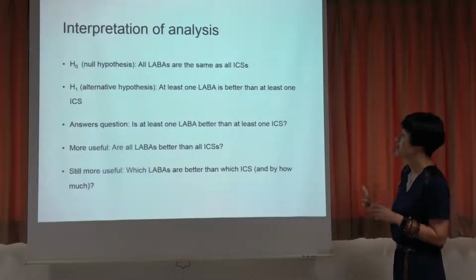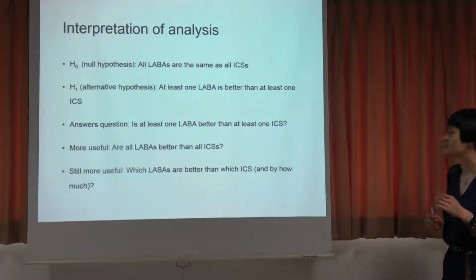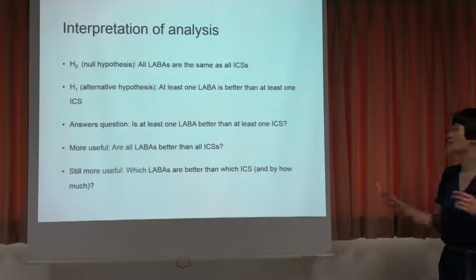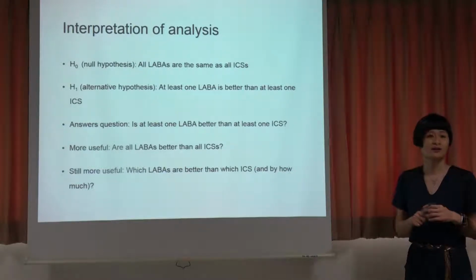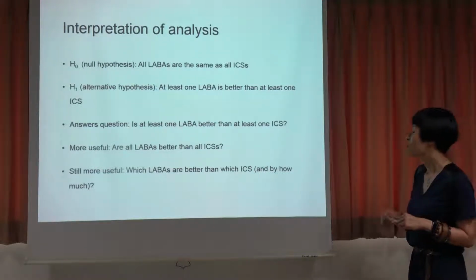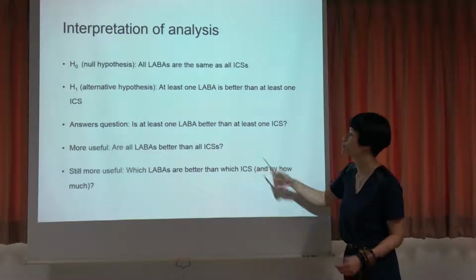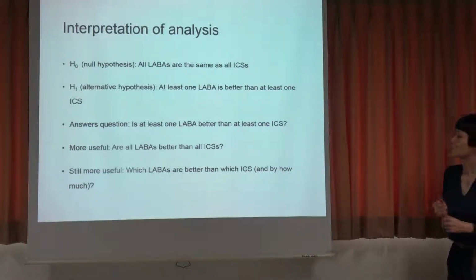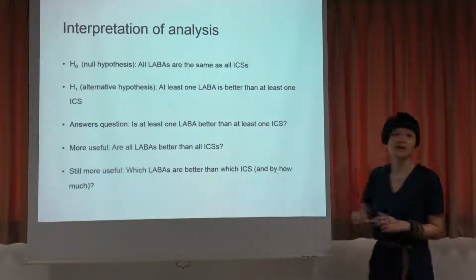So if the question is whether at least one LABA is better than at least one ICS, then that analysis does answer your question, if this is the question. But the more useful question you want to ask is, are all the LABAs better than all the ICS?